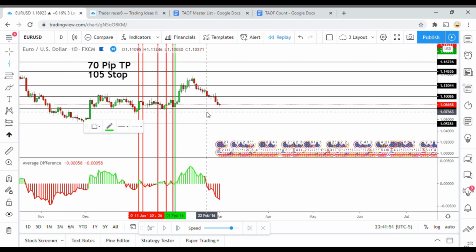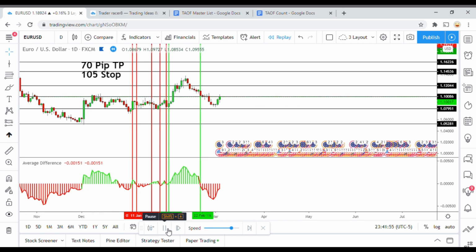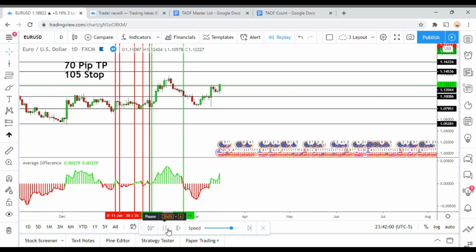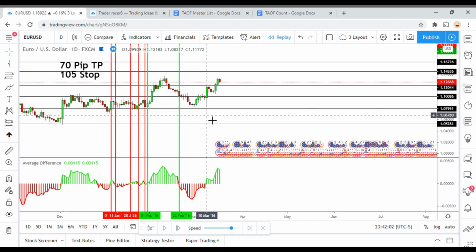Let's go ahead and play it forward. Looks like we got another good signal off the indicator there. Just keep on trucking along. We'll keep an eye on price action as it's going.